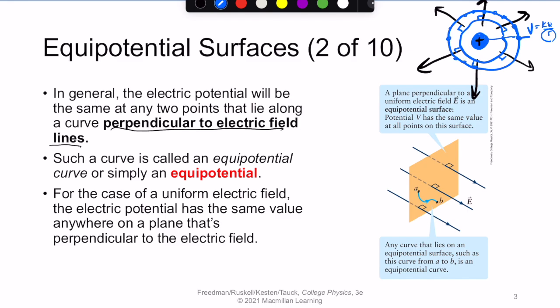So if a particle were to move along the equipotential lines, it's going to have a change in potential of 0, because if it's 60 here, and then it's 60 here. So equipotential lines are perpendicular to electric field lines, and they simply tell you the value of the potential at that location due to that point charge.